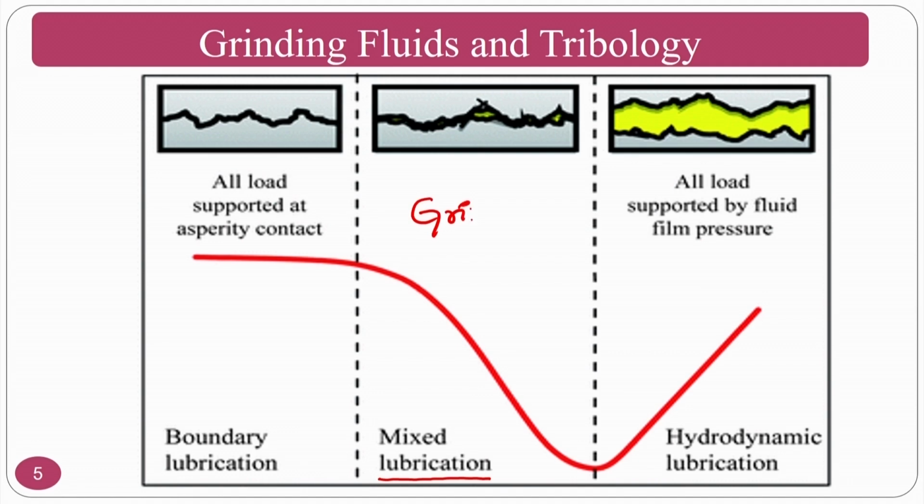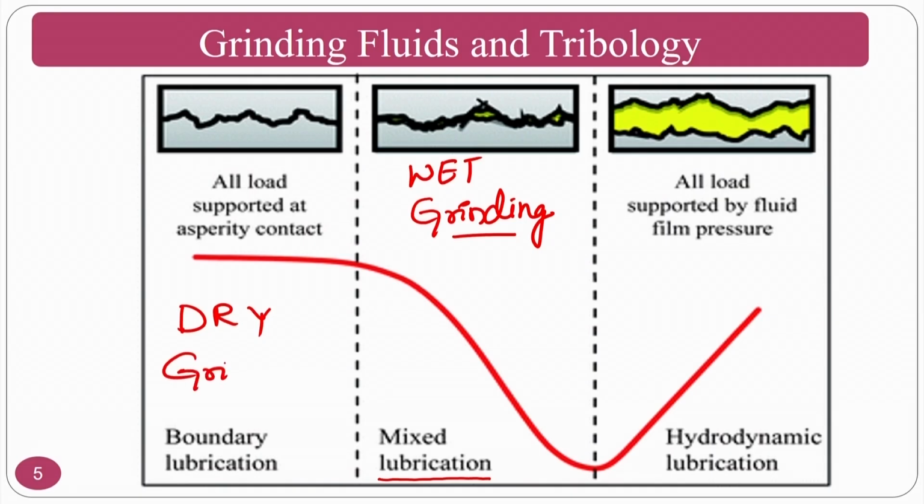Grinding, you want this one. Here what you will get is a wet grinding, and here you will just get the dry grinding. Which we don't want is a hydrodynamic lubrication in terms of the grinding process.